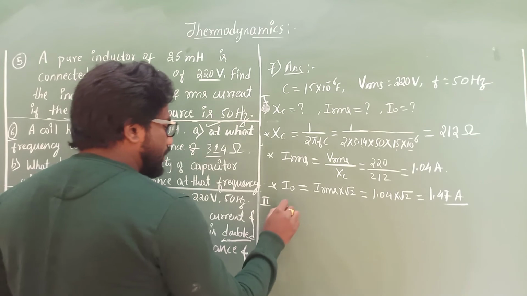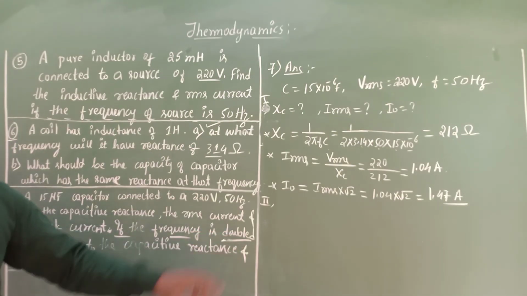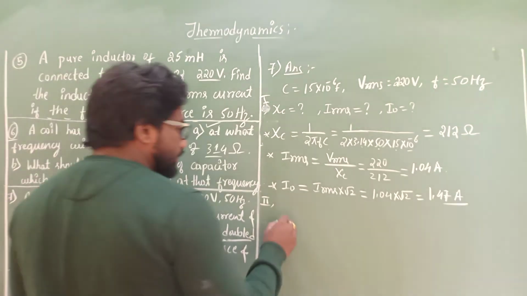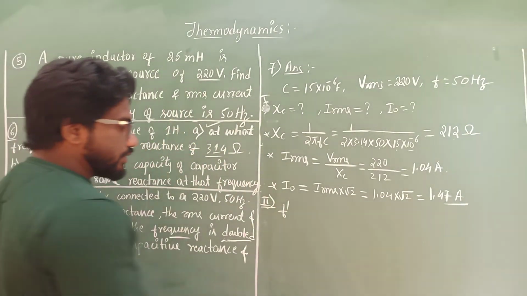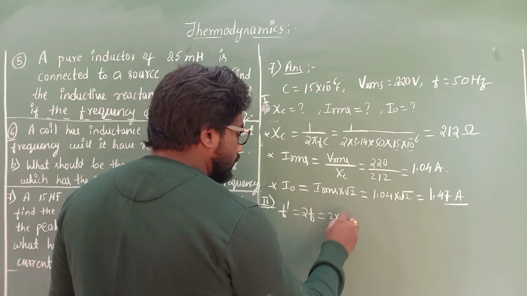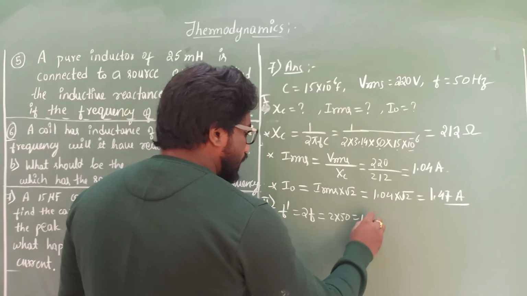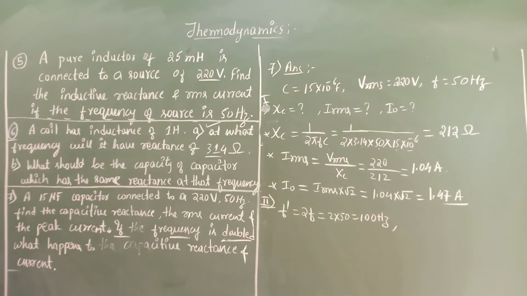Coming to the second part, if the frequency is doubled, I'll take the new frequency f dash equal to 2f, that is 2 into 50, equal to 100 hertz.